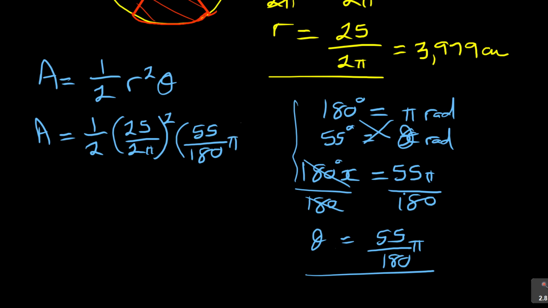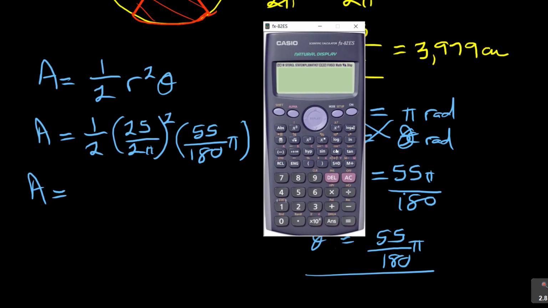180 pi. You can be using a calculator to find these numbers at once, but I prefer to actually calculate them in full like this so that I can easily get the calculator out.